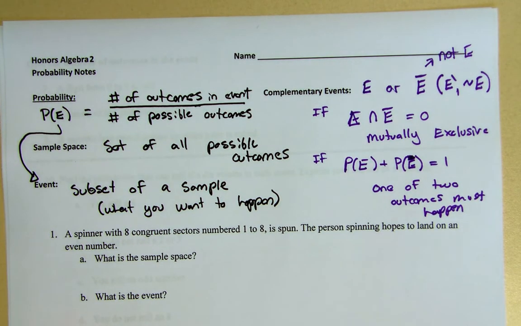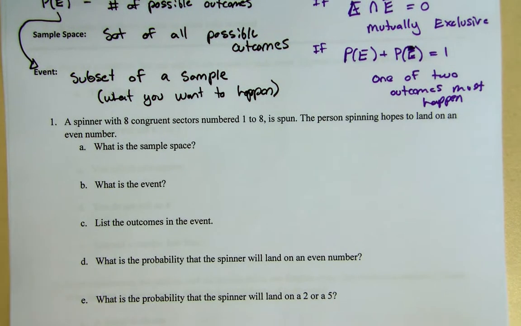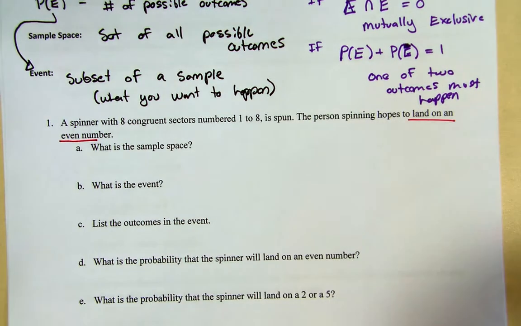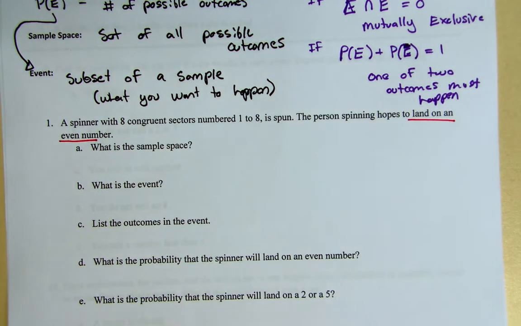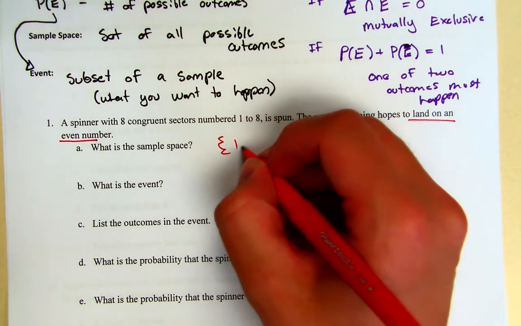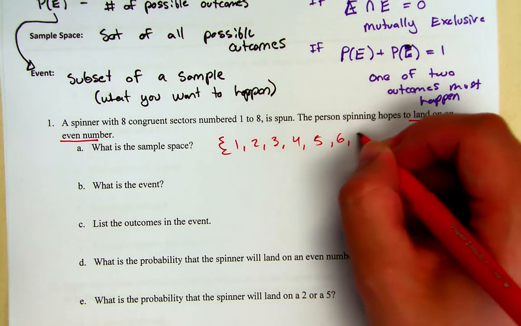So let's talk about an actual example here. We have a spinner with 8 congruent sectors numbered 1 through 8. The person spinning hopes to land on an even number. Alright, so what's the sample space? The sample space, again, is everything possible. So we have 1, 2, 3, 4, 5, 6, 7, 8.